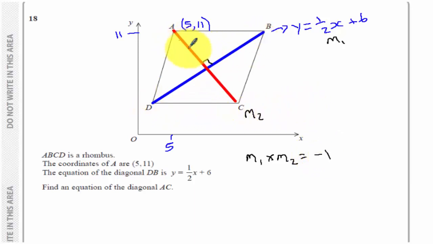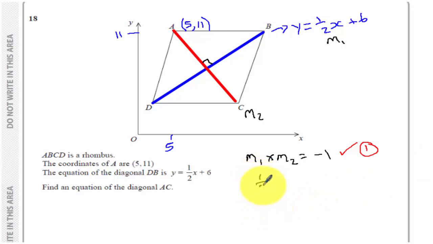The gradients of perpendicular lines, the gradients of lines that meet at 90 degrees, always multiply to minus 1. Showing that fact picks you up the first of the 4 marks.